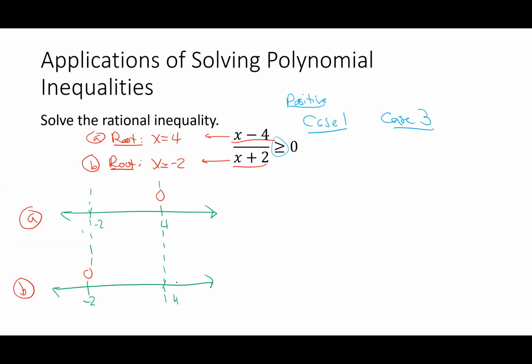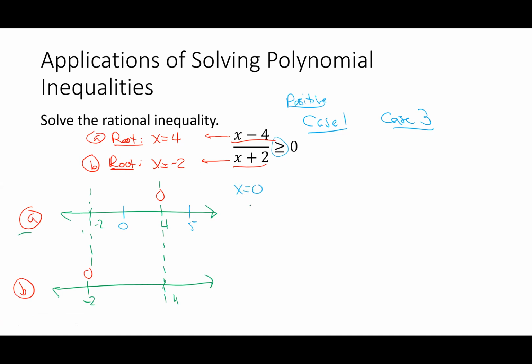Now, here's what I'm going to do. I'm going to go ahead and do test values for A first. So let's do test values for A. I'm going to choose, I don't know, from -2 to 4, I'll choose 0 and 5. All right, so let's do x equals 0.